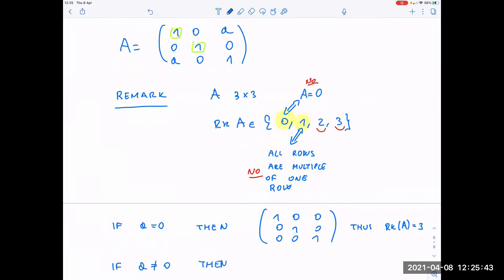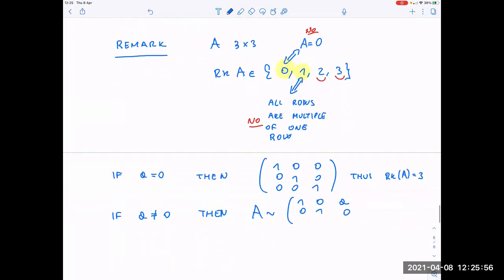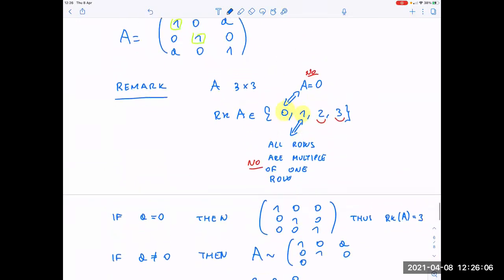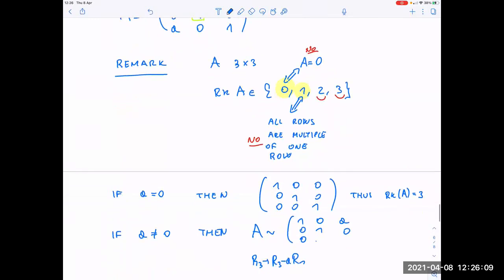then A is row equivalent to the following matrix: 1, 0, A, 0, 1, 0, and then I multiply by A the first row and I subtract it from the third. It is third minus A first. So I get 0, then I get minus A, and then I get 1, right?